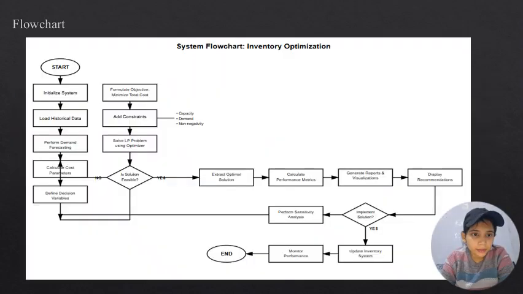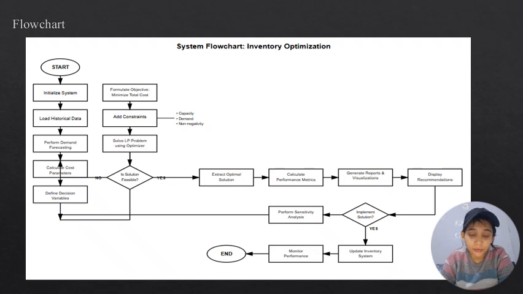Well, in this slide, I'm going to explain my system flowchart. This flowchart shows the full process of inventory optimization. The system starts by loading historical data, forecasting demand, and calculating cost parameters. Then it formulates the objective and constraints before solving the linear programming model.